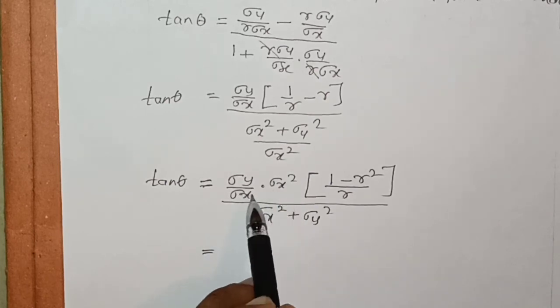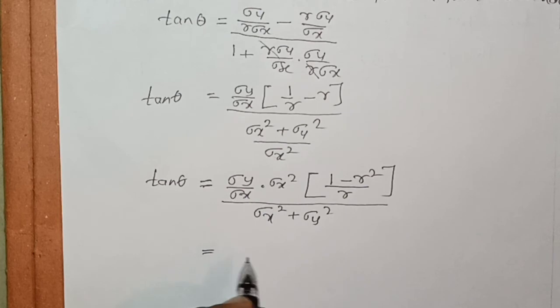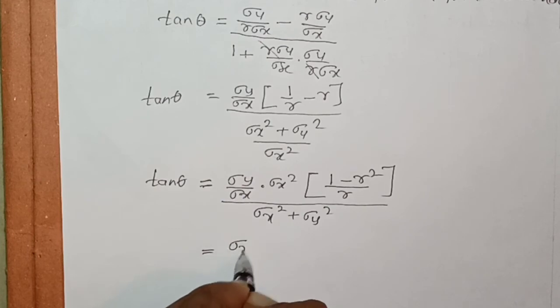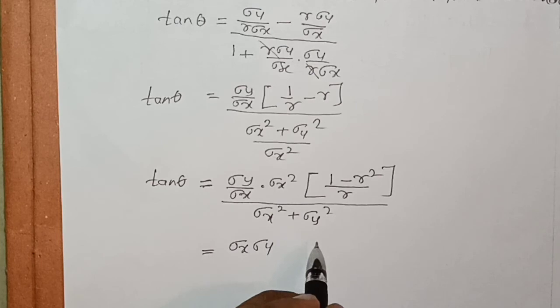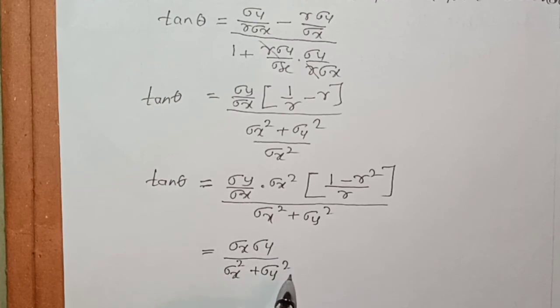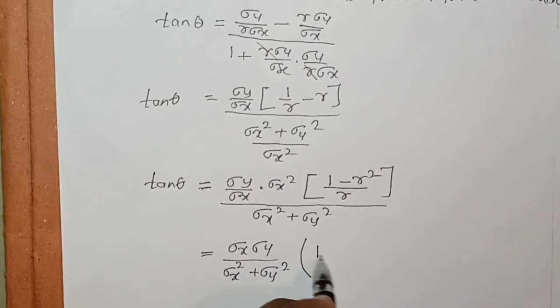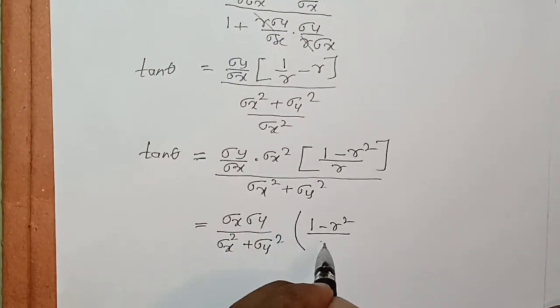One standard deviation of x cancels, so it becomes standard deviation of x into standard deviation of y divided by standard deviation of x square plus standard deviation of y square, into 1 minus r square divided by r.